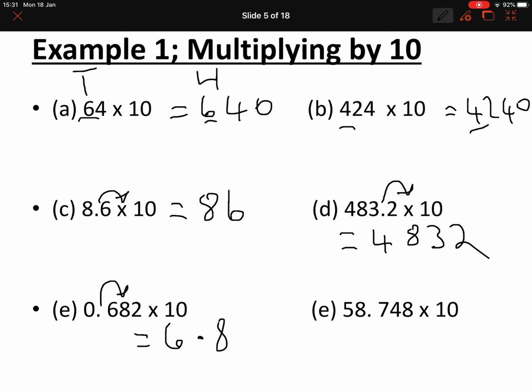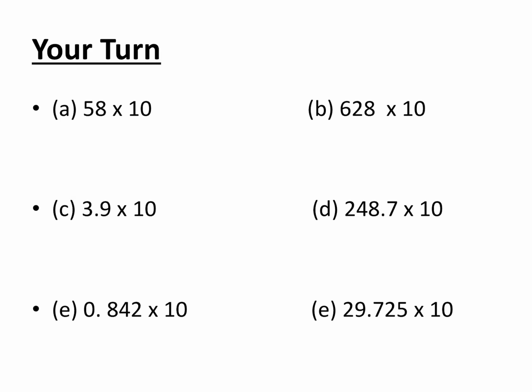So 0.682, we just imagine the decimal point moving forward one place, which will give us 6.82. And 58.748 times 10, moving the decimal point forward one place, will give us 587.48.